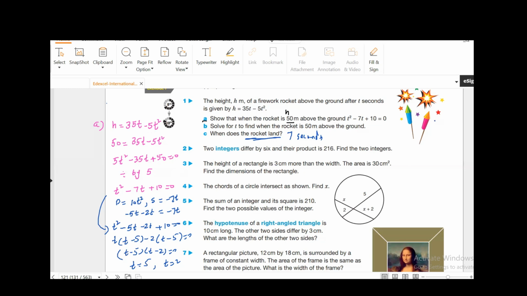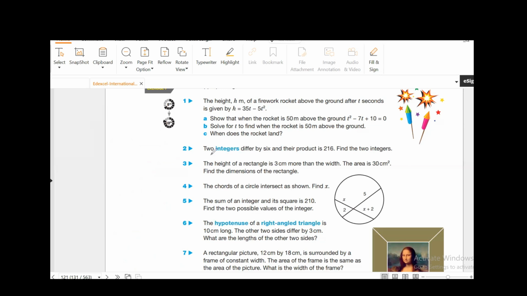Now we will move on to the next question: two integers differ by 6 and their product is 216. Find the two integers. Basically integers are positive and negative values including 0. In general we can say the integers are x and, since they differ by 6, x plus 6.